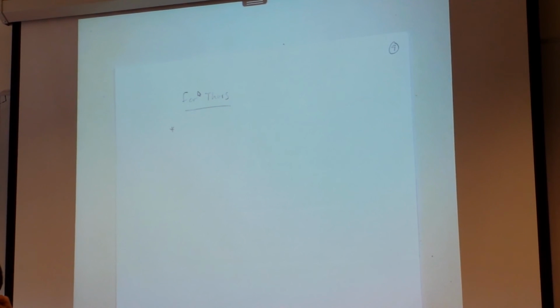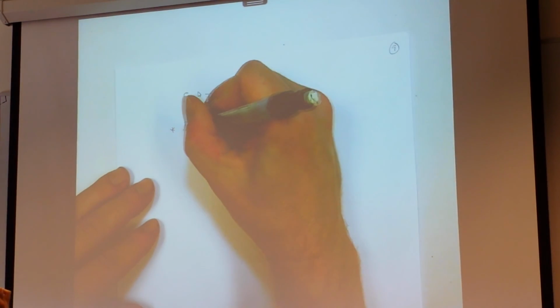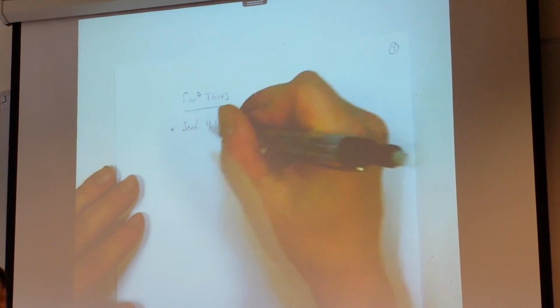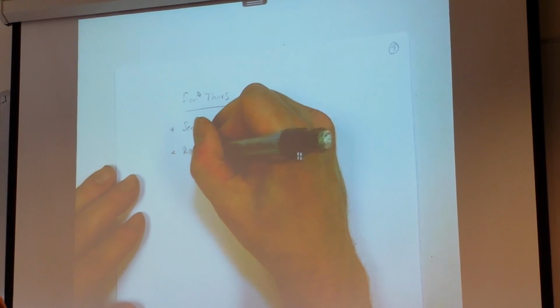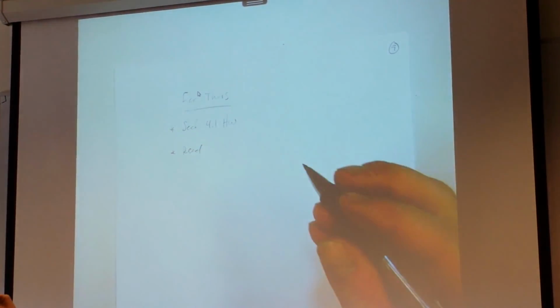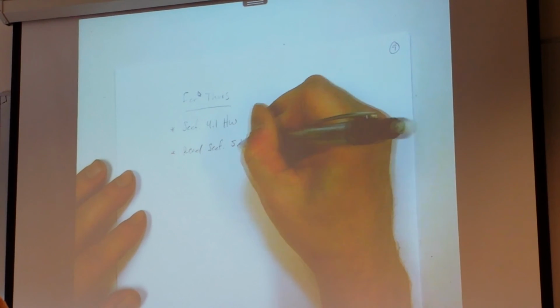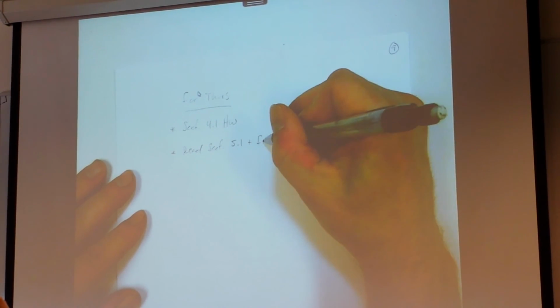Where am I? Here we go. All right. So for Thursday, section 4.1 homework. I'd like you to go ahead and read. It's a big read, but you know, pace it out. Section 5.1 plus. This is for your own benefit.